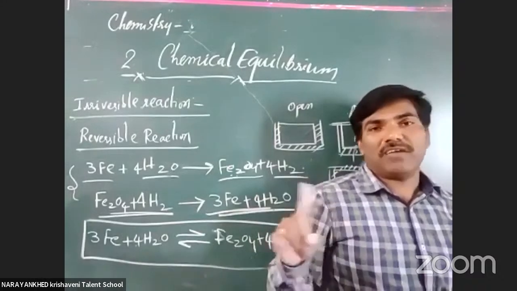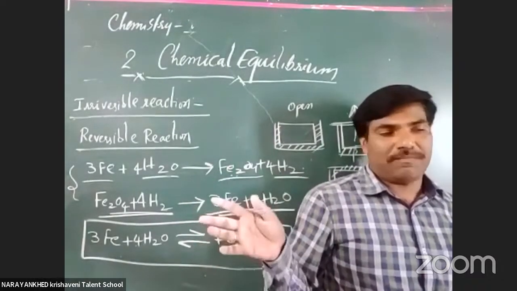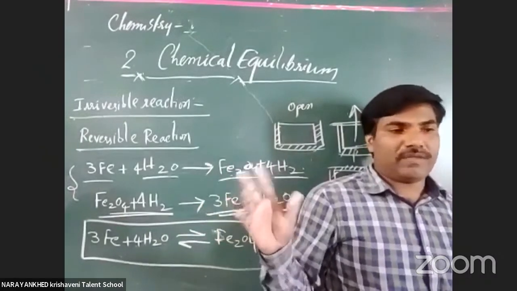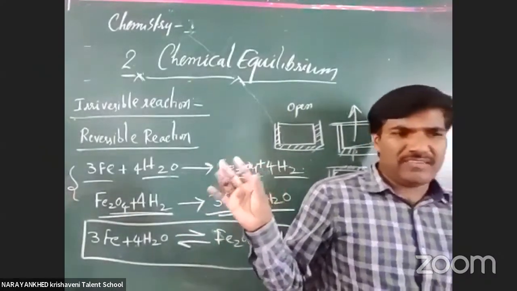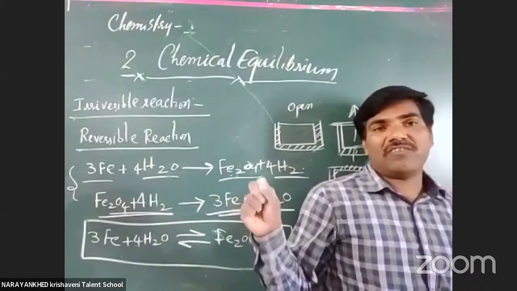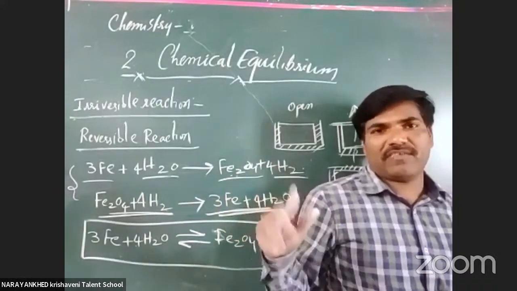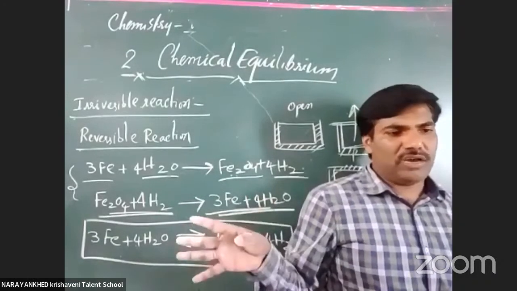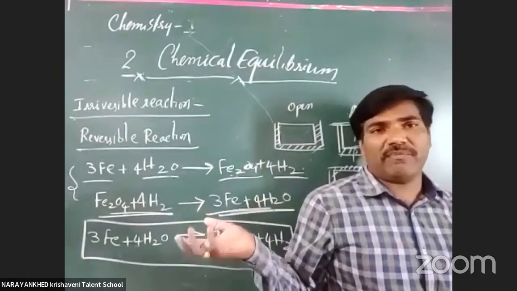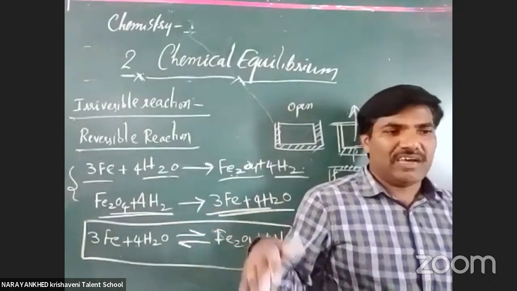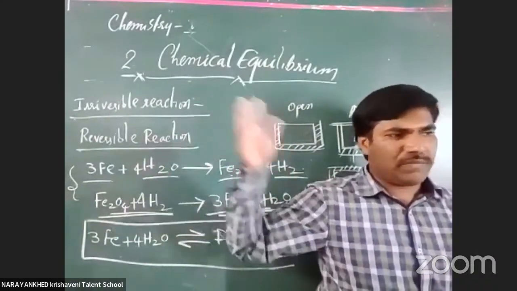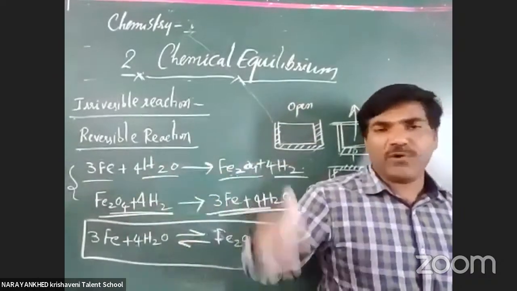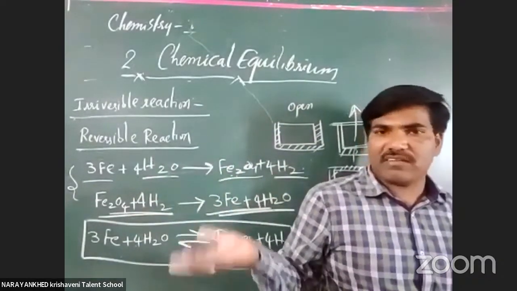And also the law of constant proportions, which was given by Proust and Lavoisier. Constant proportion law, you have already studied in the 7th lesson. Chemical constant proportion law: the ratios of the elements remain constant. Whether reactants or products are formed, the masses before the reaction and after the reaction are the same.